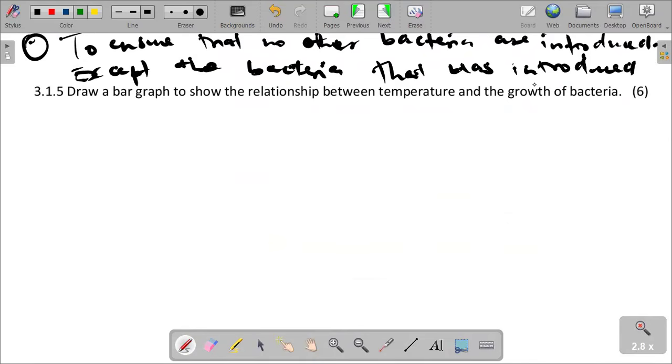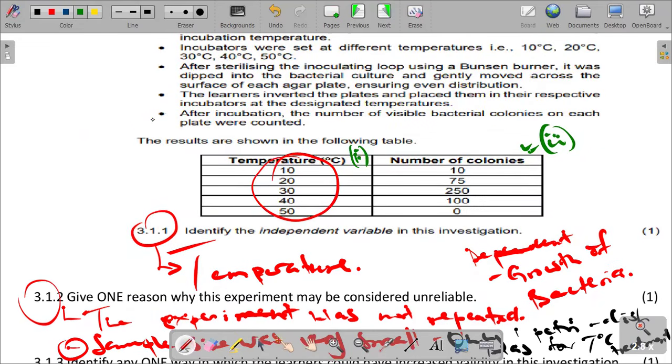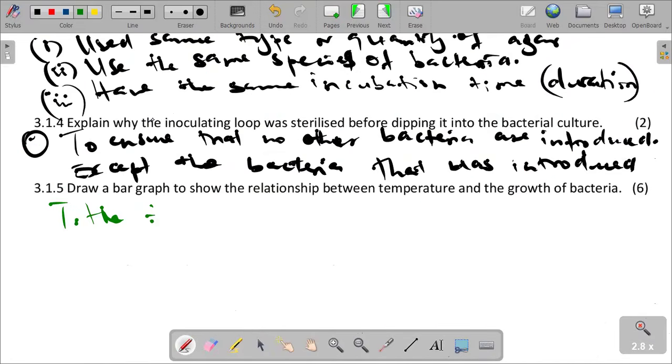The question says draw a graph. The graph should always have a title. A title must always be given when we talk about a graph.